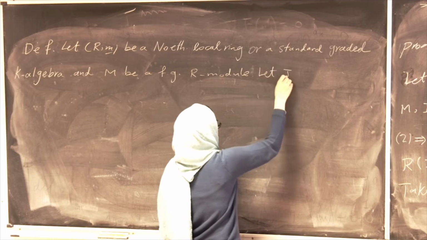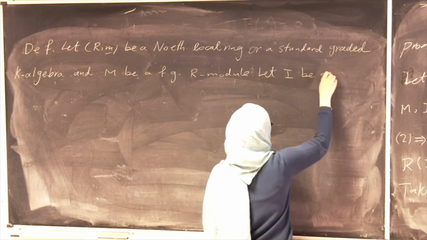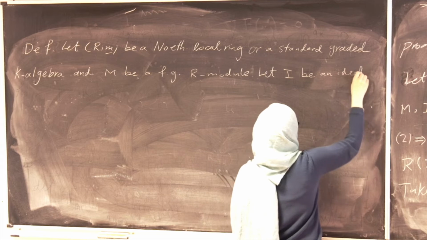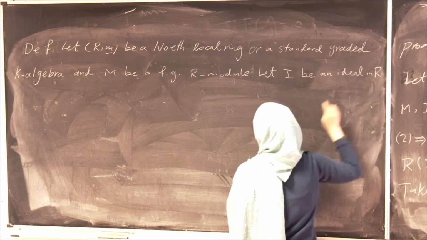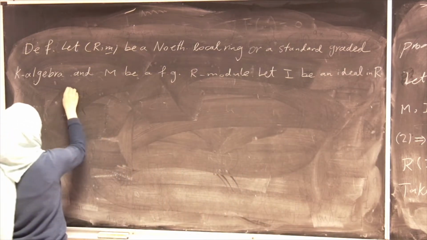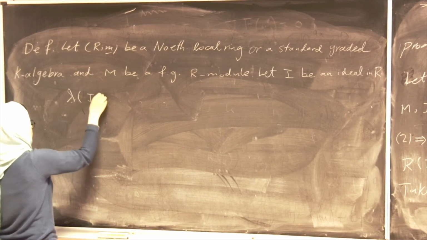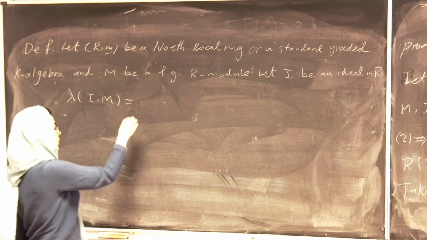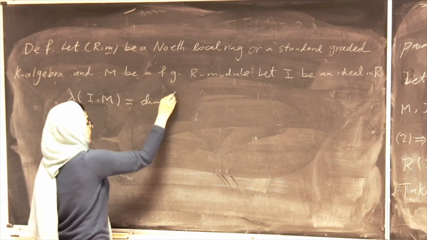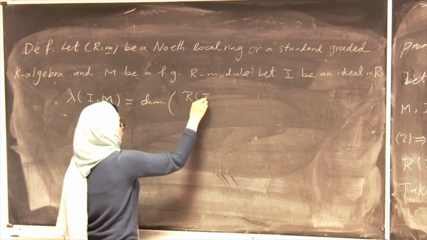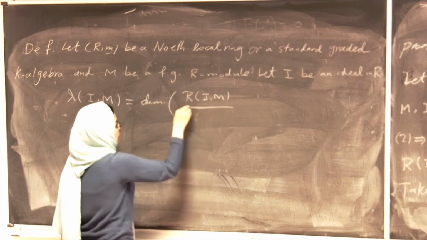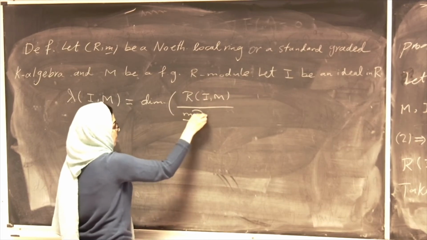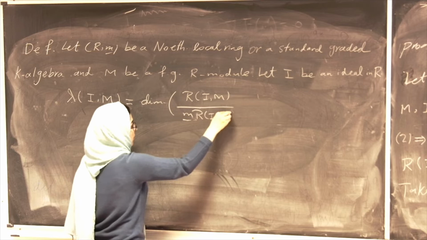Let I be an ideal in R. The analytic spread of I with respect to M is defined as the Krull dimension of the Rees module over the maximal ideal times this module.